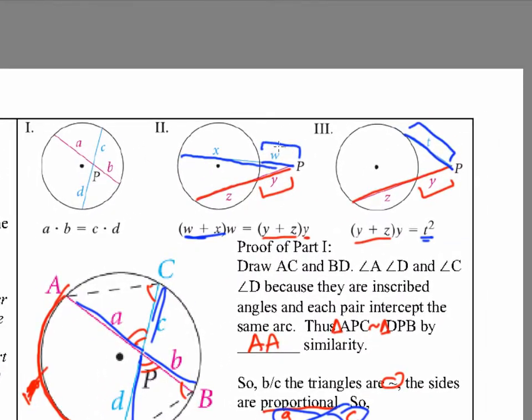I mean, really, you've got the outside part, W, times the whole part, W plus X, equals the outside part, Y, I kind of flipped it, times the whole part, Y plus Z. Same thing here. You've got the outside part, Y, times the whole part, equals the outside part, T, times the whole part, which is T again, so you get T squared. So outside times the whole equals the outside times the whole. Sorry, I don't have like a super proof for that.